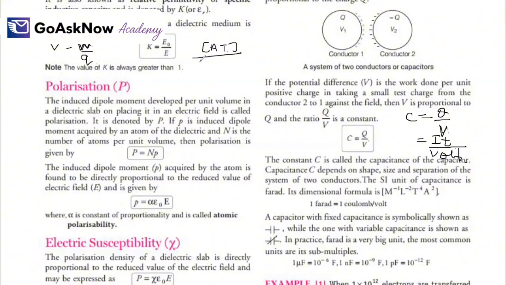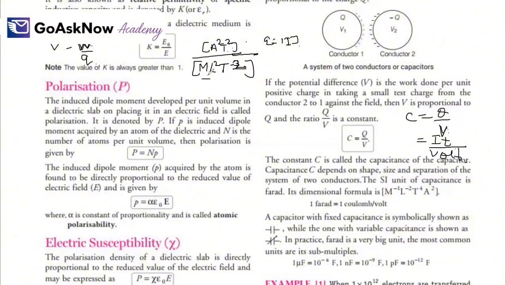If you write the dimensions of work done, it is M L^2 T^-2. And the charge Q can be written as I T, and it is in the denominator, so it will go there as A^2 T^2.